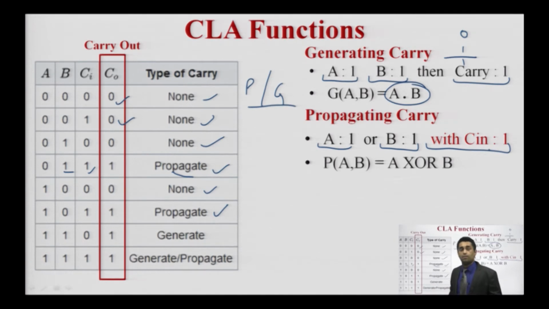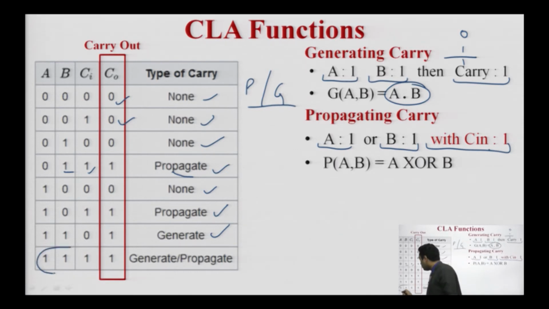And what about the next one? If A and B both are 1 and carry doesn't matter, A and B both being 1 means the main part is generating the carry. So this A and B AND gate is performed and we are saying a generating function is in use. So in this case, generate. And what will happen if all the inputs are 1? In this case this results in generation, and as the condition says A or B should be 1 and carry input is 1, in this case the propagation is done.